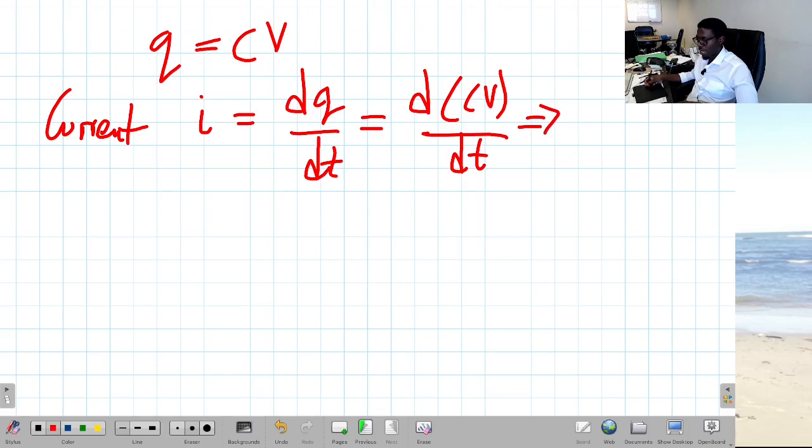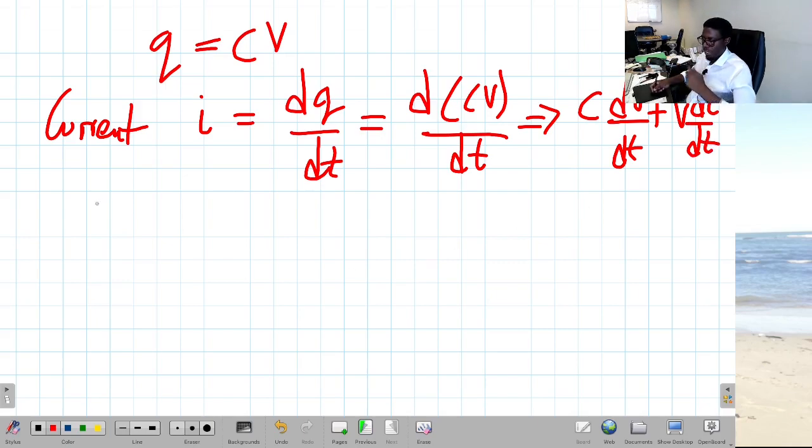which implies that we can now separate these to have C dV/dt plus V dC/dt.